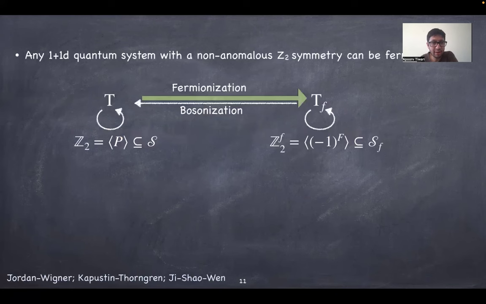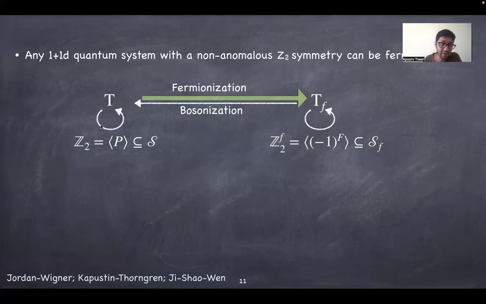All the fermionic symmetries that I'll be considering would have a non-anomalous Z2 fermionic symmetry. In general, one can also have an anomalous fermion parity, which corresponds to theories that also come with gravitational anomalies, so they can't be regularized on a lattice. However, for the purpose of this talk, we always restrict to non-anomalous fermion parity, and such symmetry categories can be bosonized.